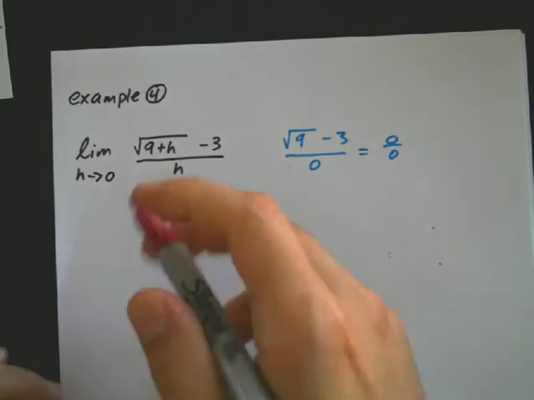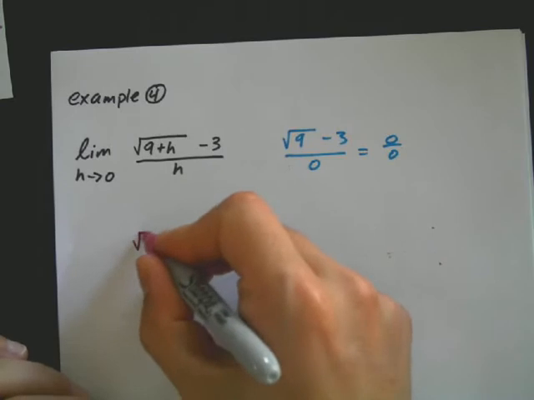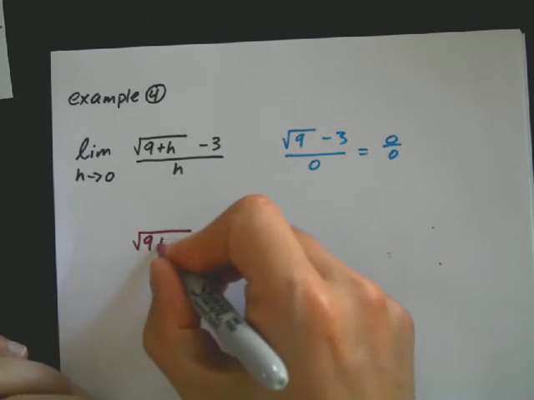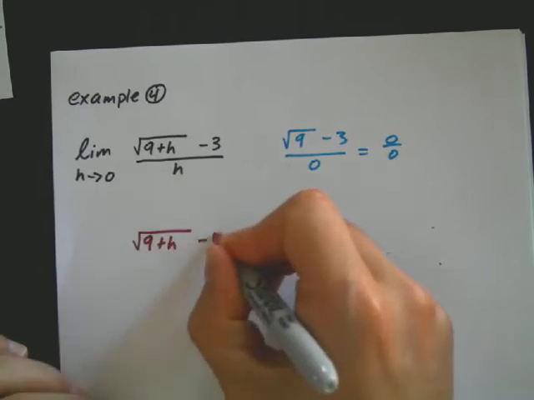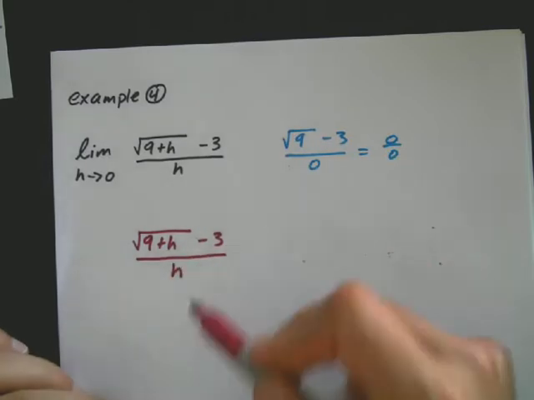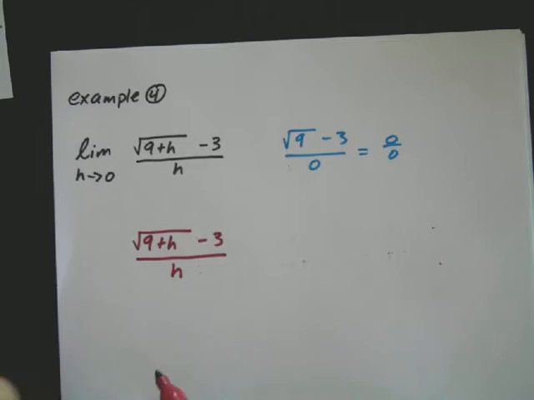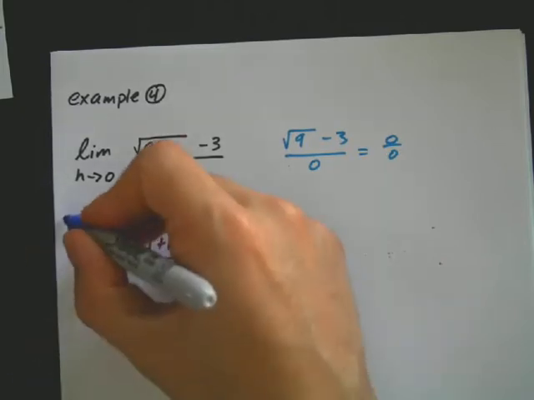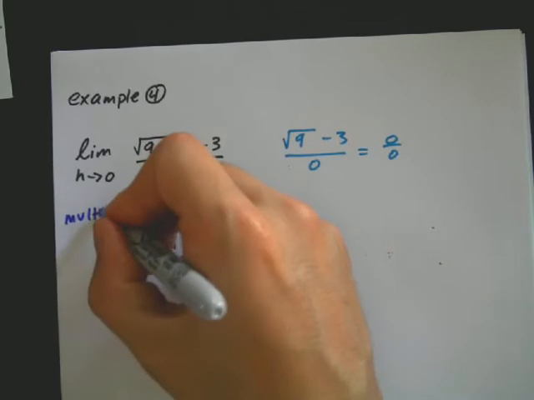The way you simplify things like these, from your Algebra 2 and your pre-calc days, is that to simplify a radical, you have to multiply by the conjugate. So what I'm going to be doing is multiplying by the conjugate.